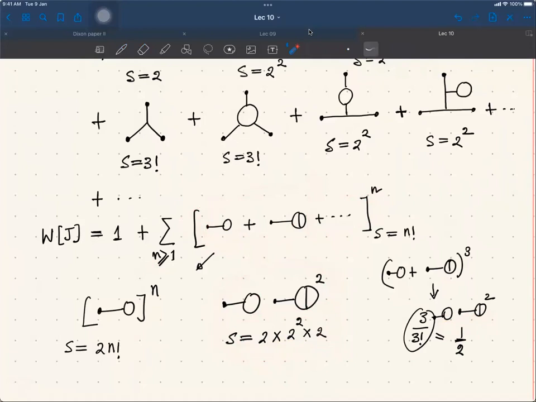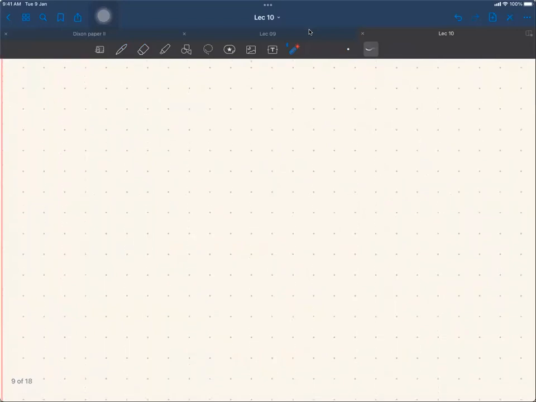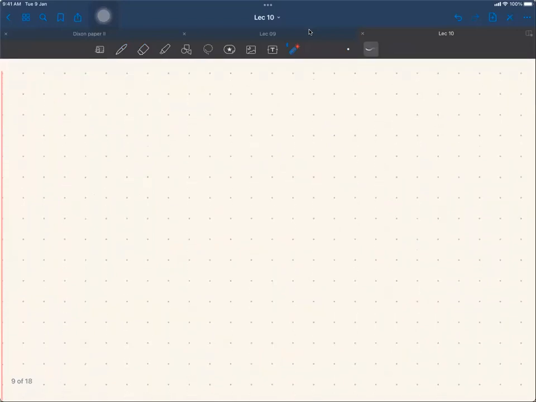Next job will be to move into the diagrammatics for the Green's function, which was the original goal, to calculate the Green's function. So let me start that discussion. Diagrammatics.